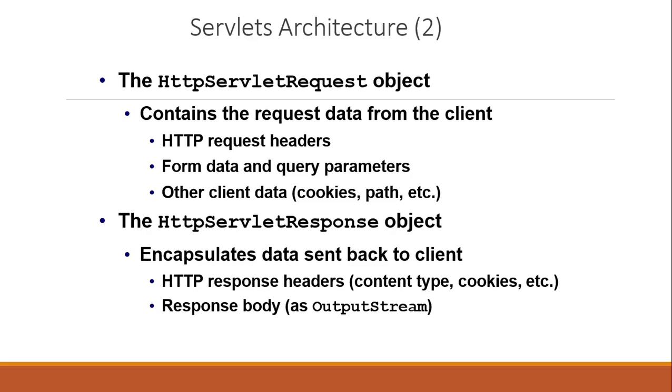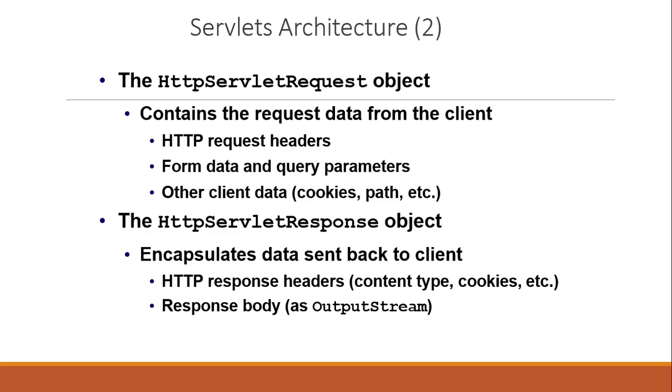Right. Next is the HTTP response header. It contains the content type and cookies. The response header contains the content type, meaning which kind of content: images, textual forms, videos, audios. These are content types. And cookies, whatever you have saved, like ID, password, or other things, come under the response header.